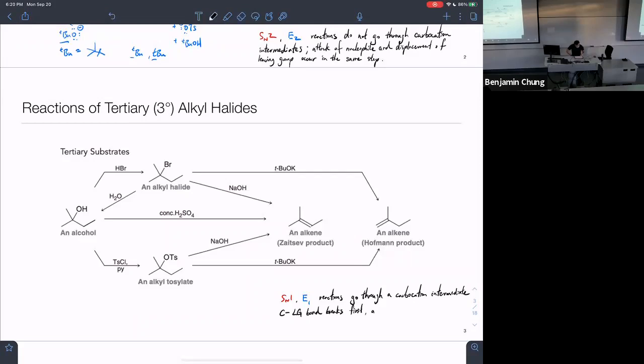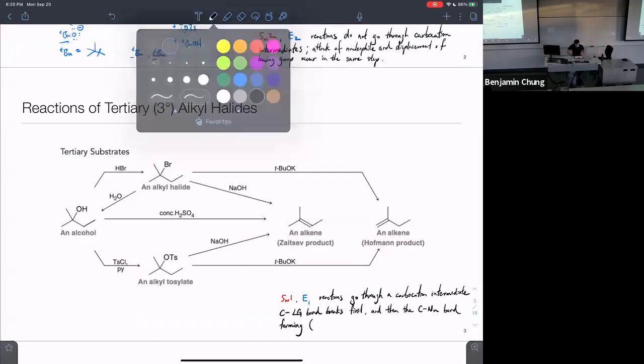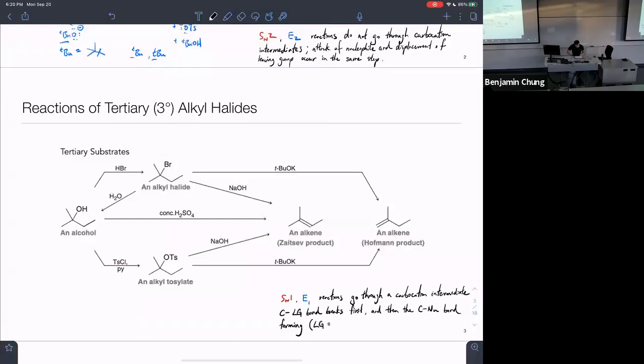And then you have the carbon nucleophile bond forming. So you'll see me maybe in the future abbreviate LG as leaving group, and Nu as nucleophile. I don't know if other profs have also done that for you guys. Okay, so you're familiar with that.